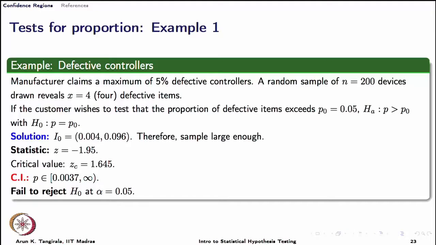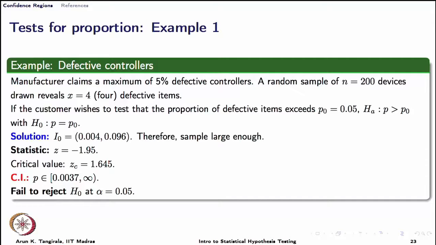where we looked at this motivating example when the manufacturer claims a maximum of 5% defective controllers and so on. And there we had failed to reject the null hypothesis based on the critical value approach. And here the test is not a two-sided one, because the alternative hypothesis is of the inequality type, P greater than P naught, and P naught is 0.05.